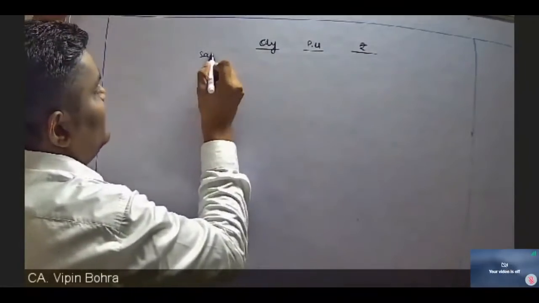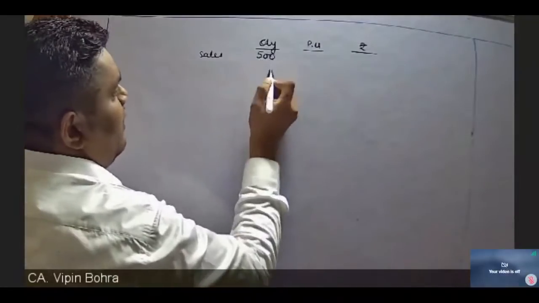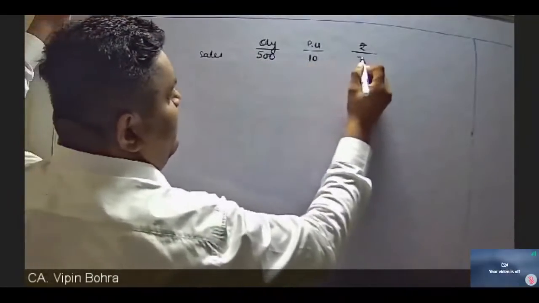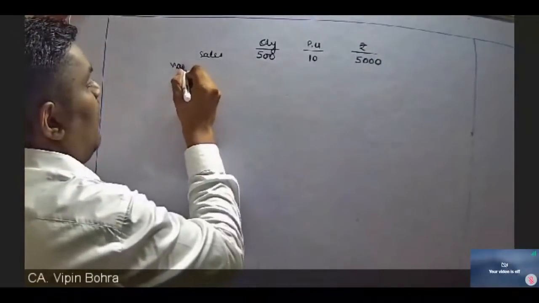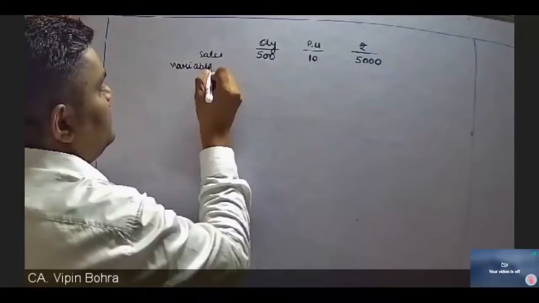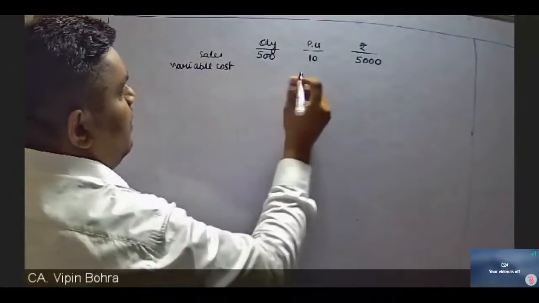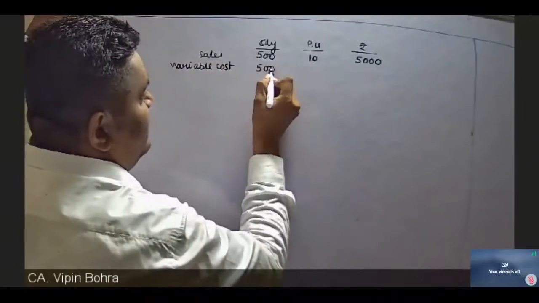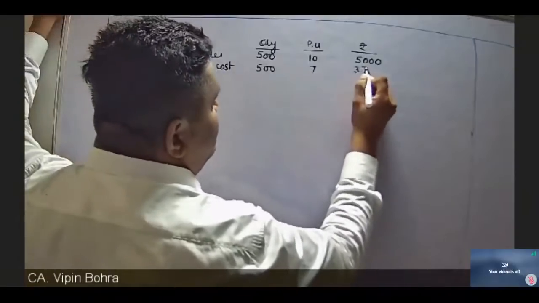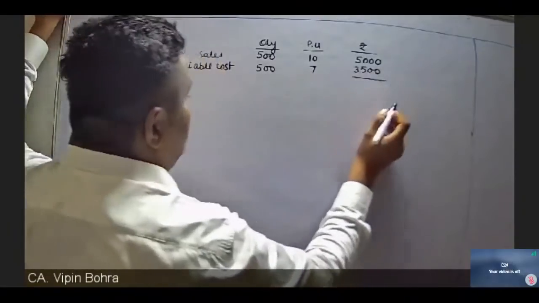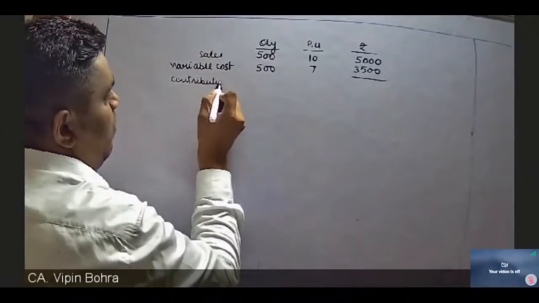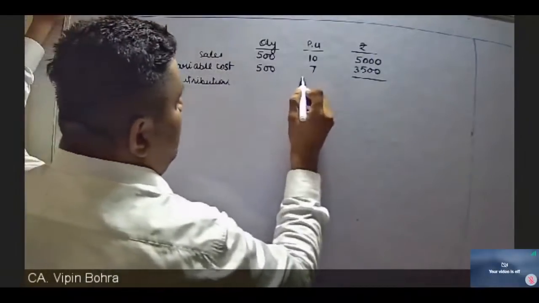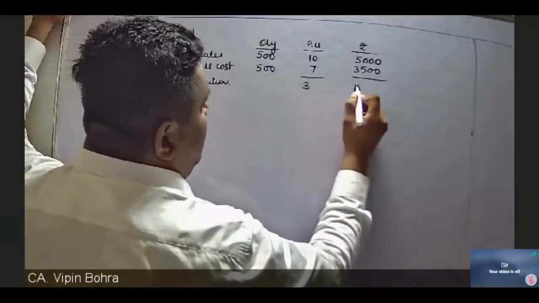Suppose sales is 500 units at the rate of 10, that is 5,000. Suppose my variable cost is 500 units into 7, that is 3,500. So my contribution will be 3 and 2.